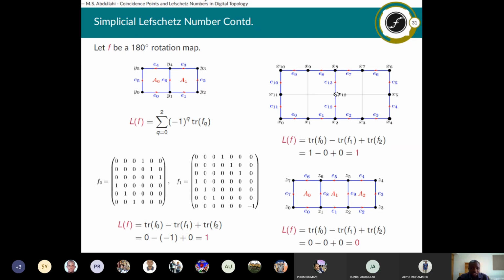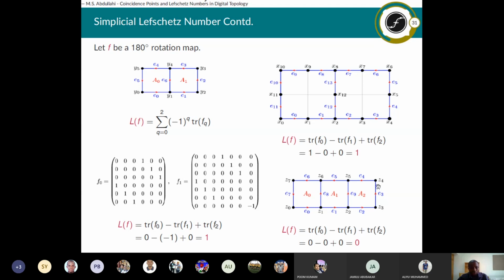And because this x12 is fixed, we are going to have the trace of this equal to 1. And when we do this 180 rotation, the one-dimensional edges all of them will move. So therefore, the trace will be 0. And in the case of two-dimensional simplices, we don't have any. The matrix is going to be a 0 matrix, and the trace is going to be 0, and we end up having this equal to 1.